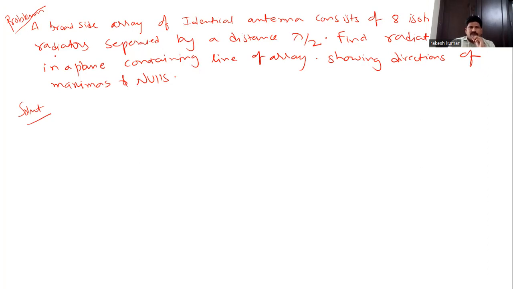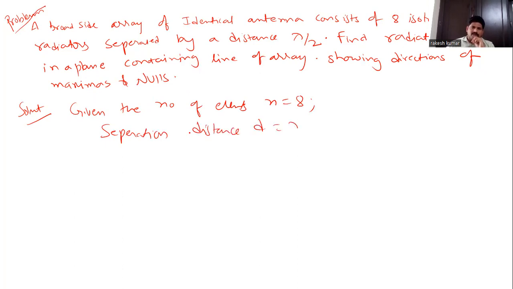Find the radiation field in a plane containing the line of array, showing directions of maximum and nulls. Here the given number of elements n is equal to 8, and the separation distance d is equal to lambda by 2.